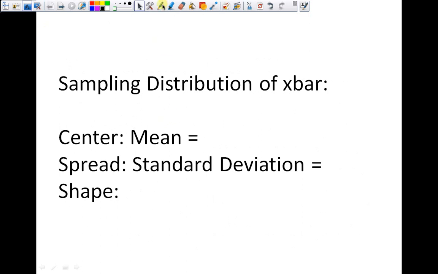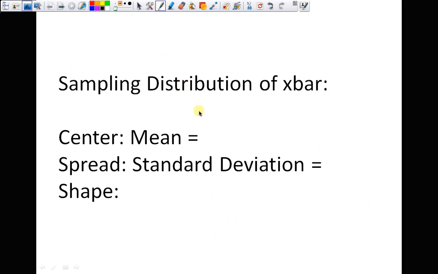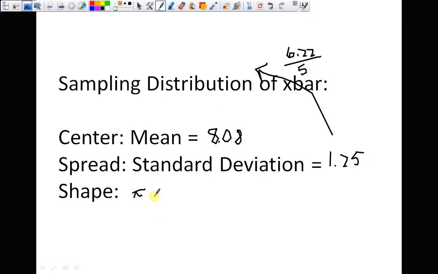So we know that the sampling distribution of x bar has a center of 8.08, and the standard deviation is 1.25, which, again, remember, is 6.22 divided by 5, the square root of 25. And we know our shape is approximately normal.